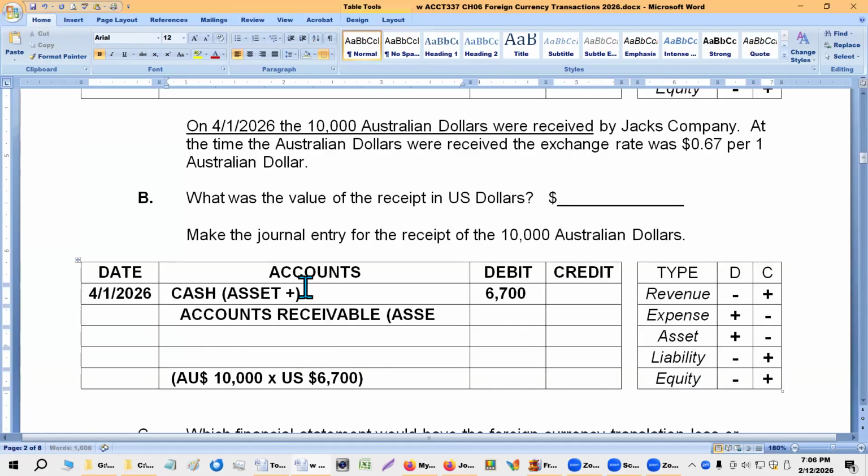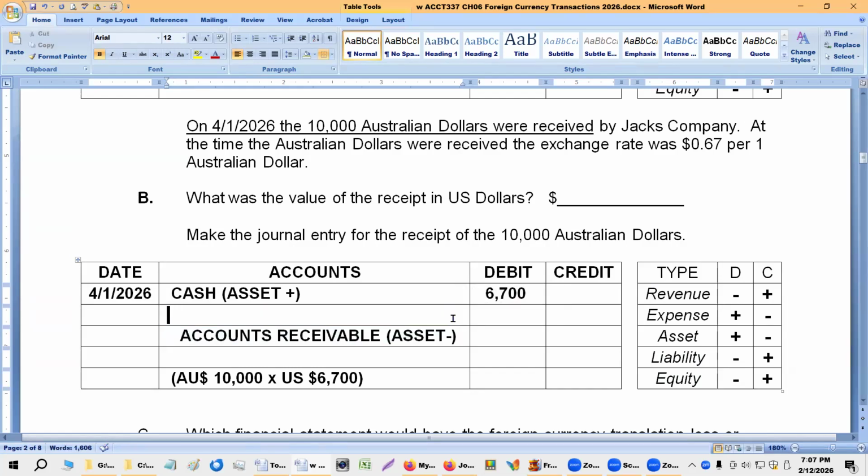This is an asset going down. I'm going to move this down one, and I'll explain why in a second. So we have to take these out of the books for 7,000.